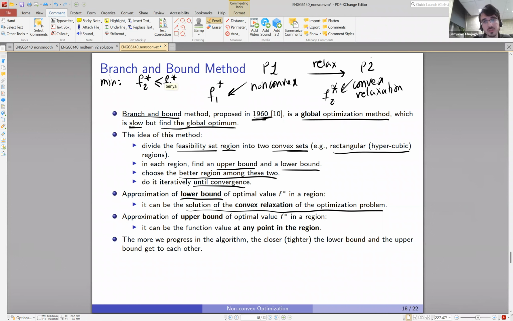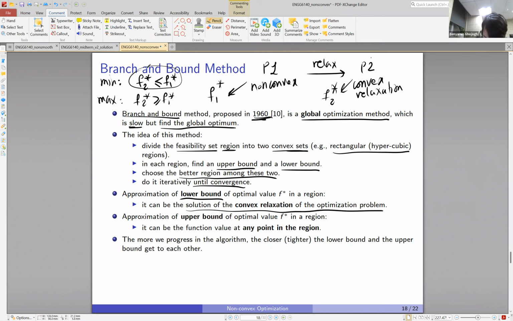It's better because it's a convex relaxation. If it is a maximization problem, you know that F2 star is greater than or equal to F1 star. So it's better again. So convex relaxation makes the optimal cost better. That's why, now we are assuming that this is a minimization problem. Therefore, for lower bound, we can consider the solution of convex relaxation of the optimization problem in that region to be the lower bound on F star because of this.